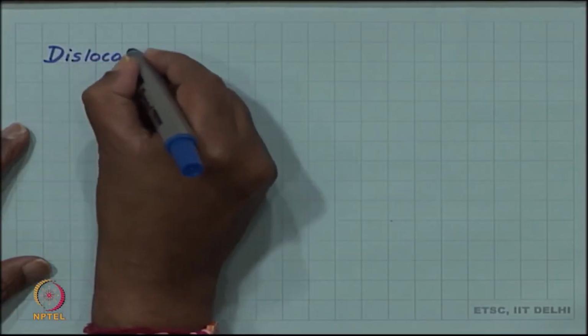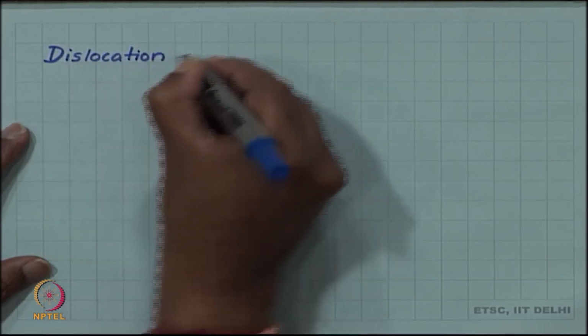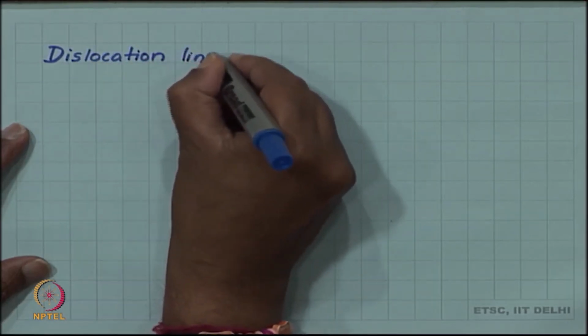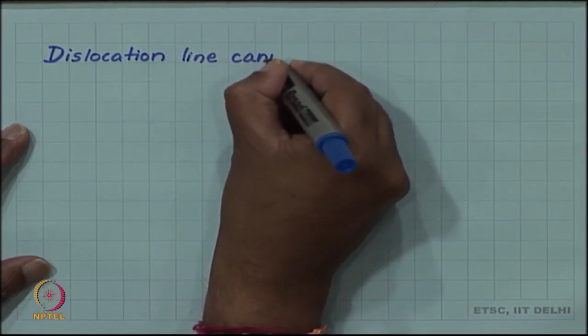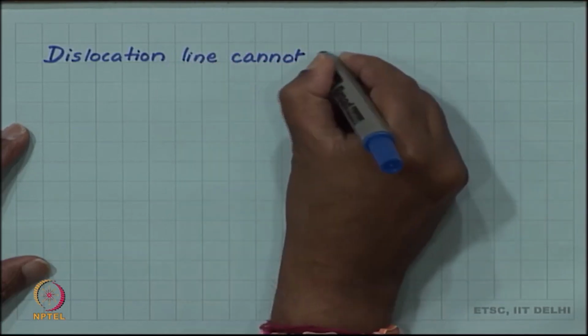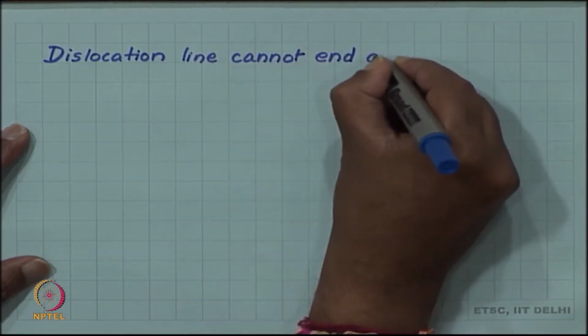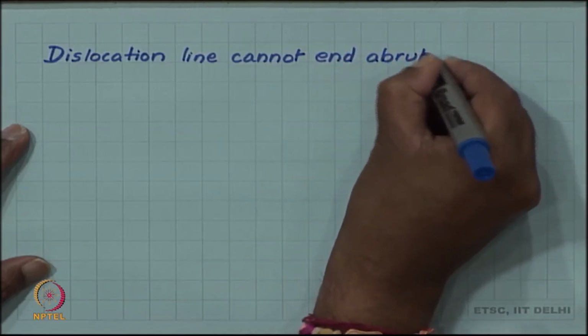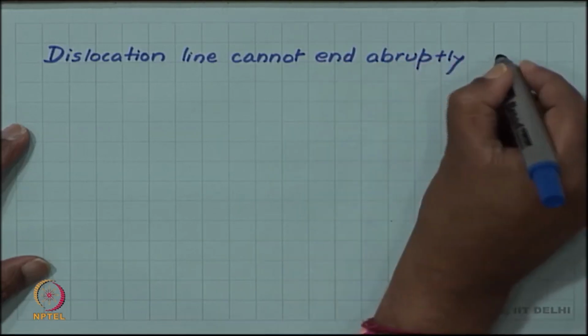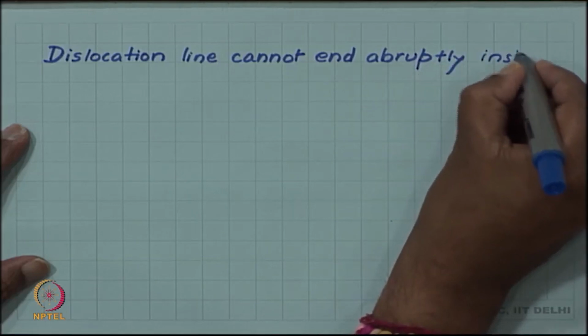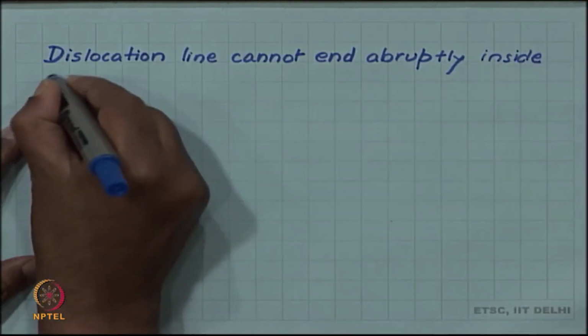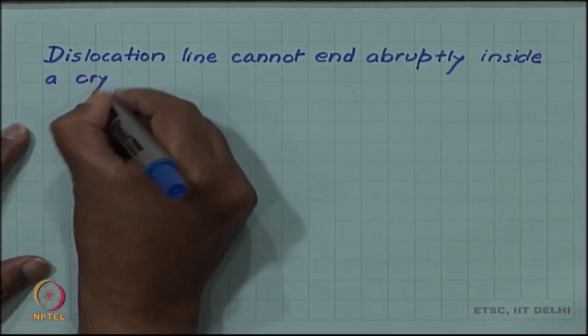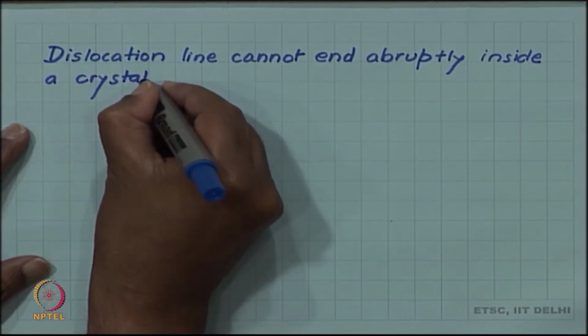So, the dislocation line cannot end abruptly inside a crystal.